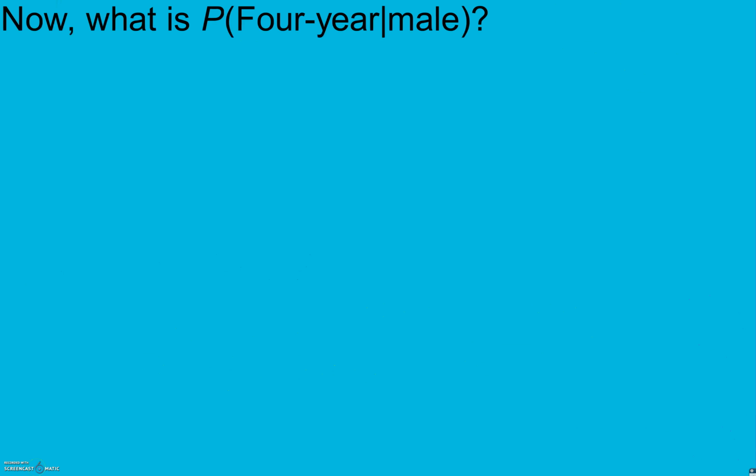Now, what is the probability that a student is in a four-year college given that the student is male? So here we're looking for male students in four-year programs. So this one has to work for both conditions, provided the student is male. So now we're comparing all of the male students. So 1866 are in two-year, 4,324 in four-year, and 1,349 are in grad school.